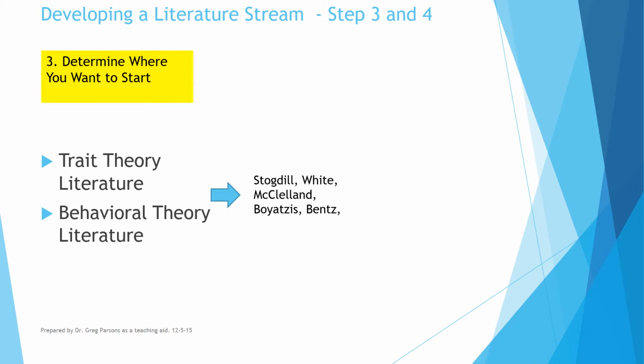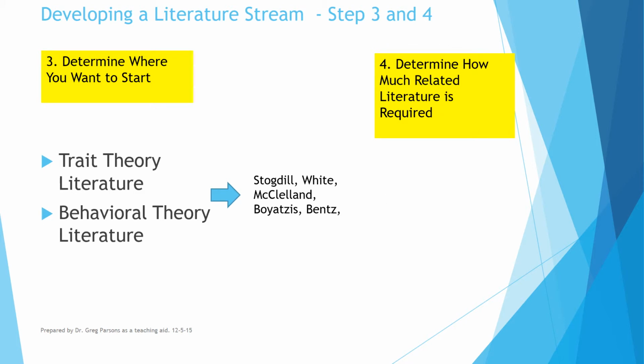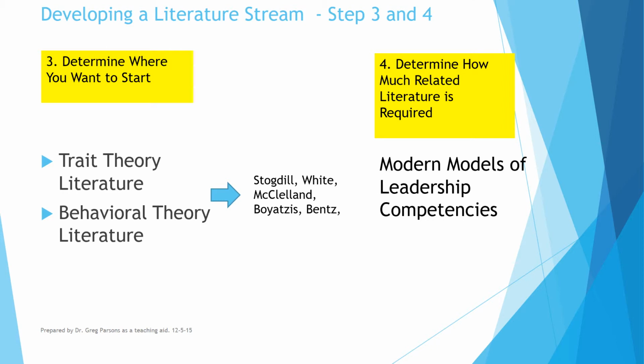And the authors in that area were Ralph Stogdill, White, McClelland, Bentz, Boyatzis, all wrote about these particular topics and began to consolidate these theories into what now is called leadership competency theories. And these are some of the authors that work in that particular area. So you notice we started out with all these theories and we chose the one we wanted to work with, and now all we're interested in doing is narrowing it down and showing how we got from the earlier theories to the competency theories. And then as we move forward, we're only going to be working with literature that deals with leadership competencies.